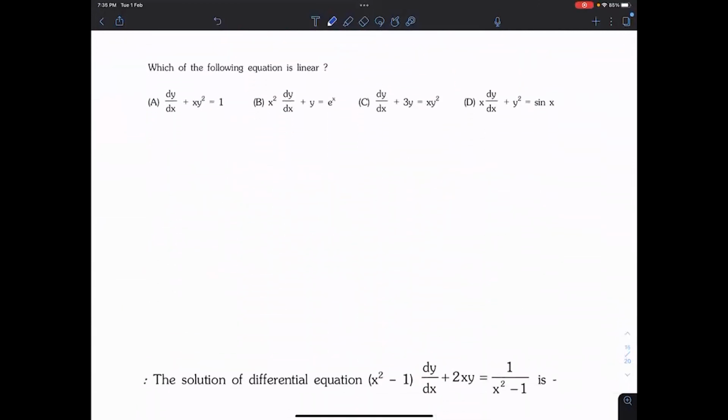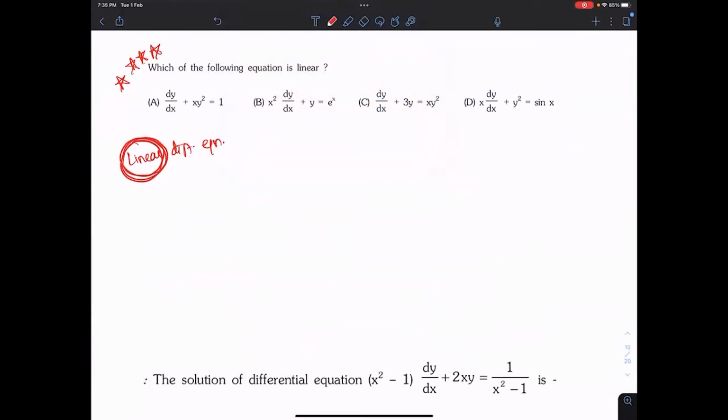Now comes the most important part out of all, that is linear differential equation. So where does this linear term come from?